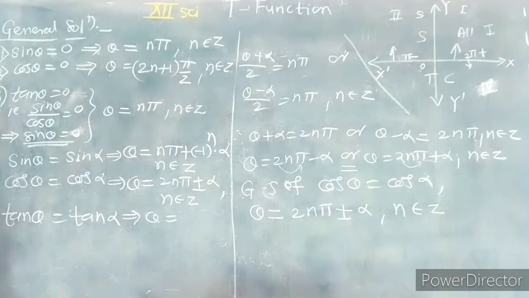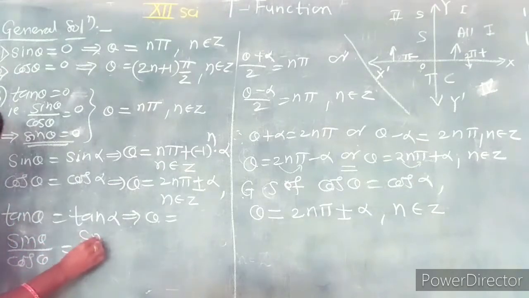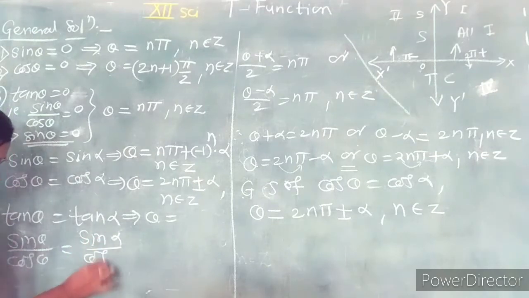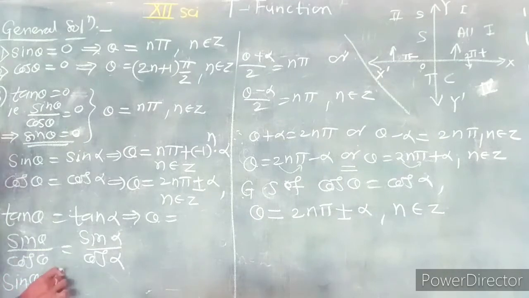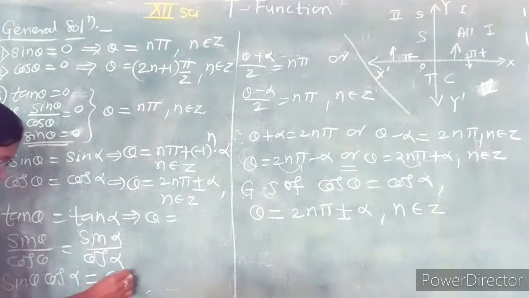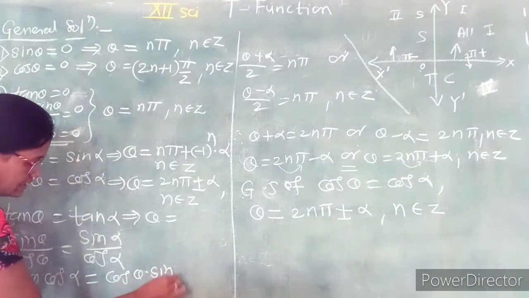Now we proceed to find this solution. So how do we solve tan theta equal to tan alpha? What is implied? Sin theta upon cos theta equal to sin alpha upon cos alpha. After cross multiplication, we get sin theta into cos alpha equal to cos theta into sin alpha.